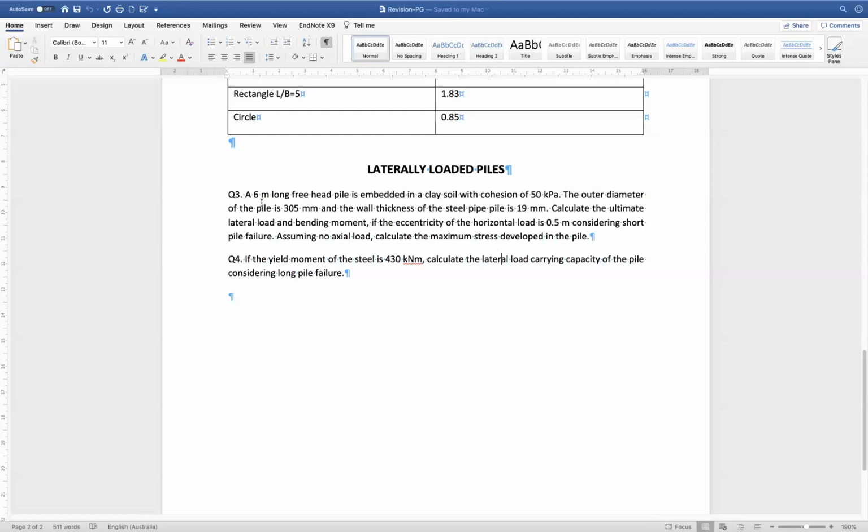Anyway, now we're gonna start with question number 3. And for this system of equations, you can use 3 methods to find the unknown variables, the ultimate lateral load and the maximum bending moments.